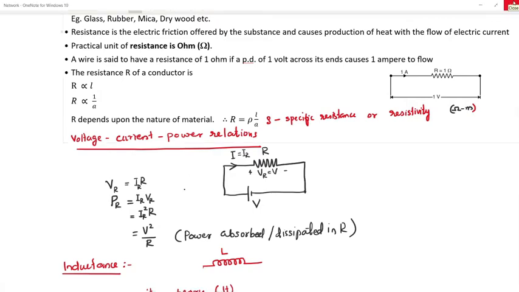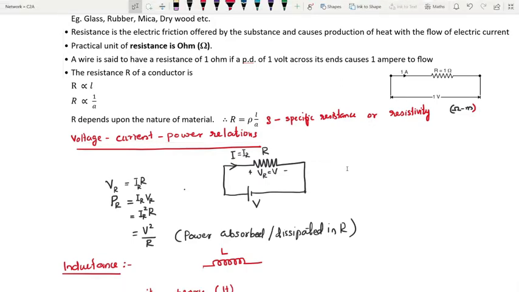The next passive circuit element is inductance. Inductance is the property of a coil that opposes any change in the amount of current flowing through it. If the current in the coil is increasing, a self-induced EMF is set up in the coil in such a direction as to oppose the rise in current.